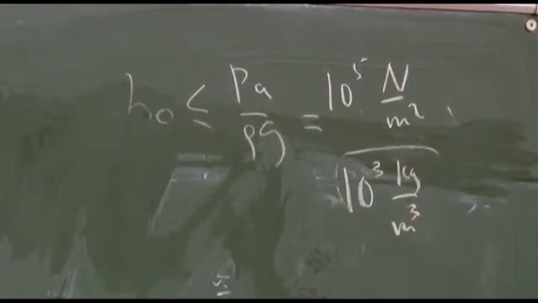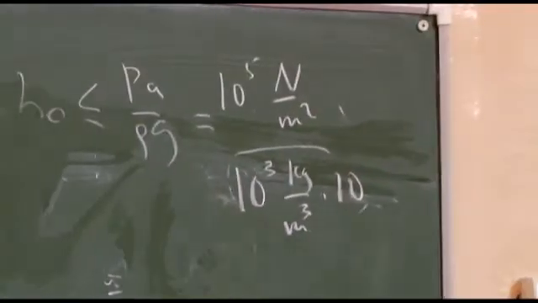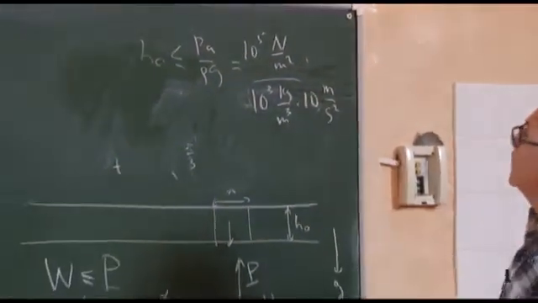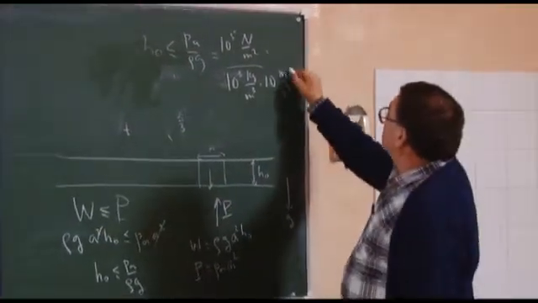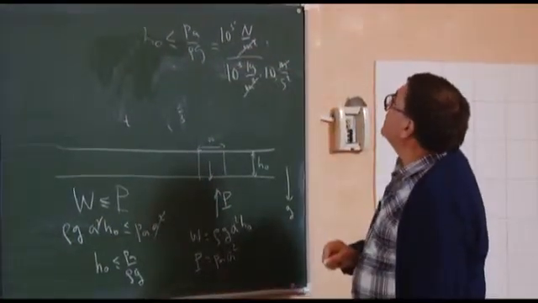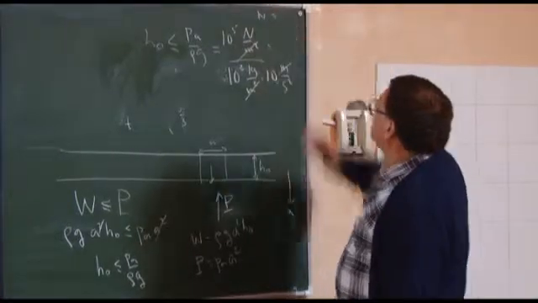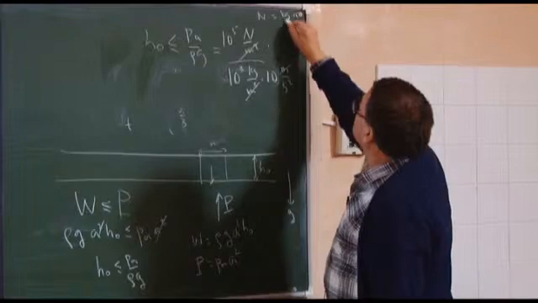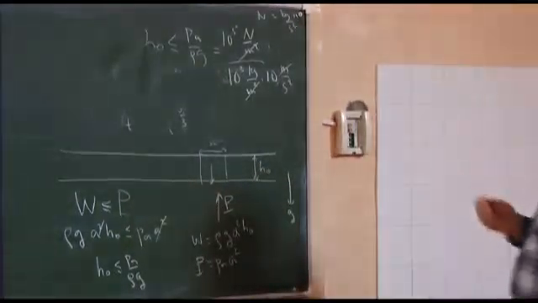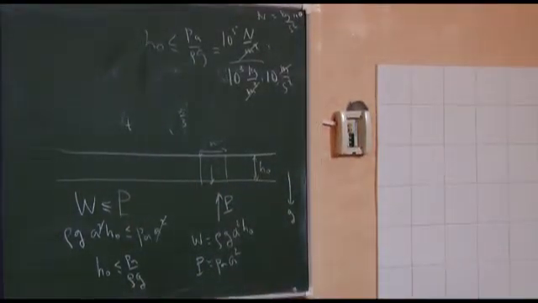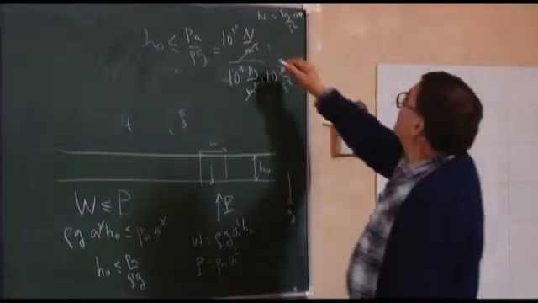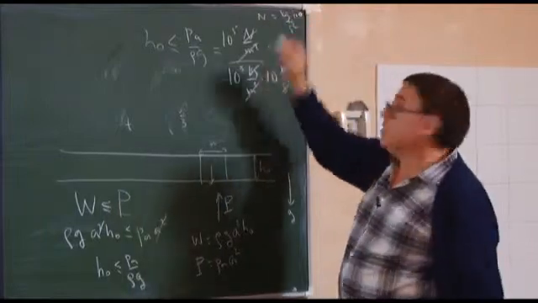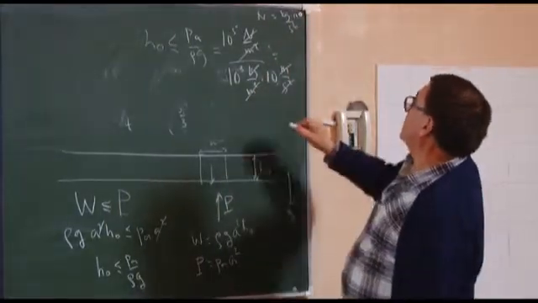Times G. How much is G? Let's assume 10 meter over second squared. So this and this and this go away. Newton is a kilogram meter per second squared. So this goes with this, and we are left with meter. How much is it? 10 meters, right?